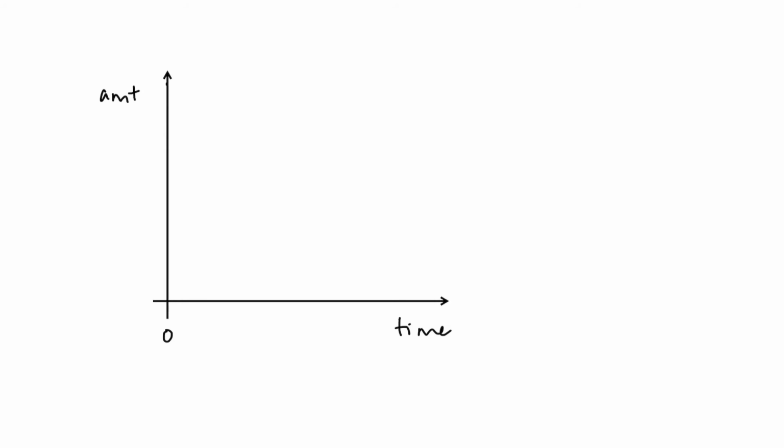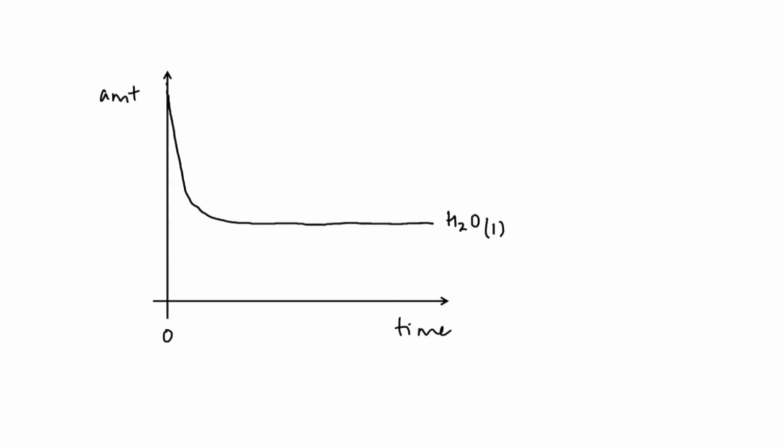So how might this change our graph? Well, at higher temperatures, we would expect the rate of evaporation to be faster. So water would evaporate more quickly and equilibrium position would be established more quickly.